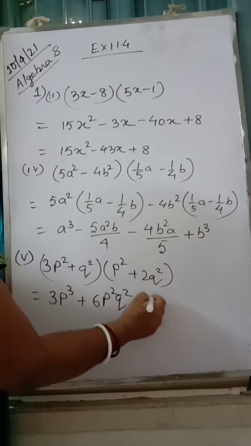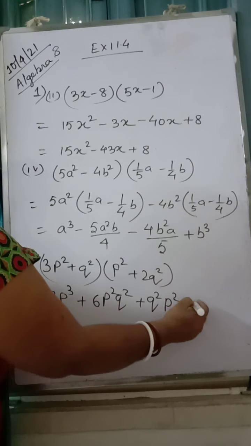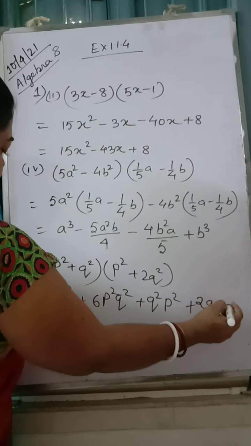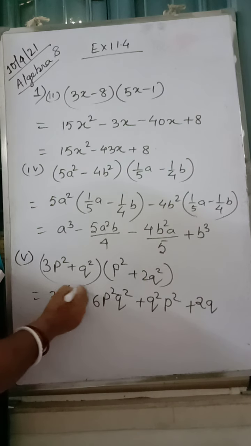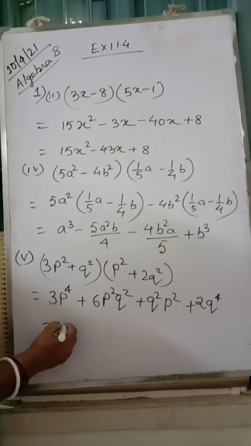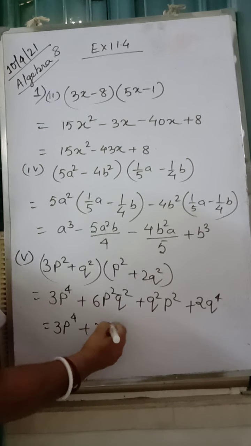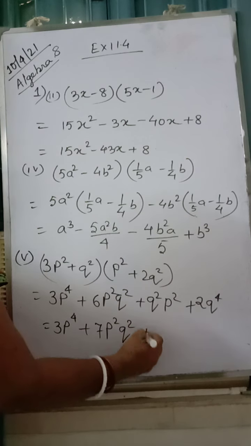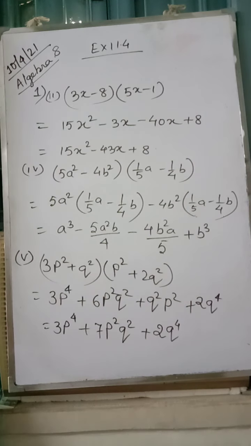Now q square p square gives you q square p square, and 2q to the power 4. Now 3p to the power 4, 6 plus 1, 7p square q square, plus 2q to the power 4. So this way we just multiply and then the like terms we put together, is it?